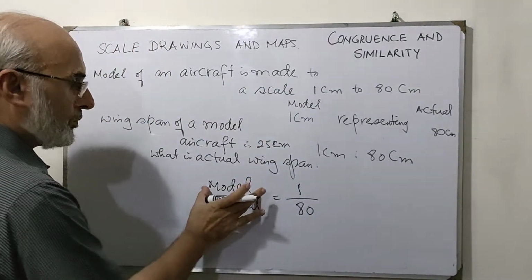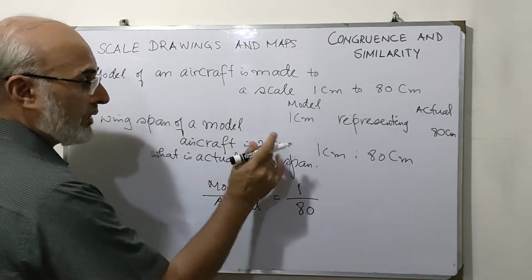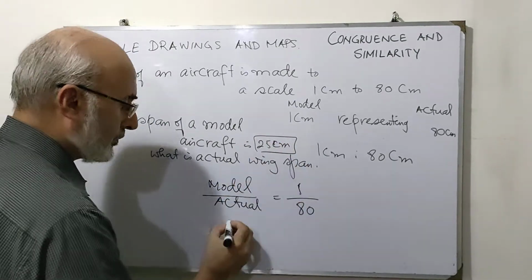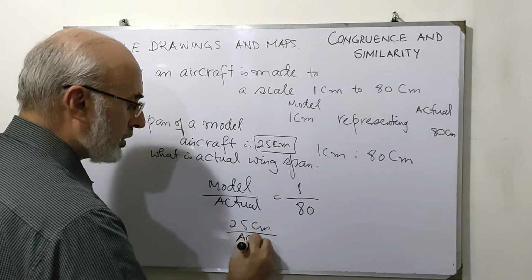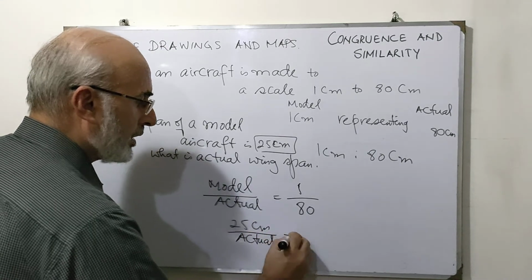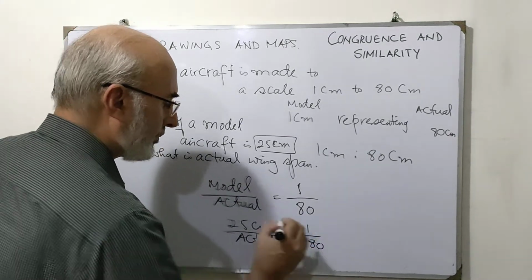Now what are we given? We are given the wingspan of the model, 25 centimeters. We don't know the actual, so actual over 80 equals 25 over 1.